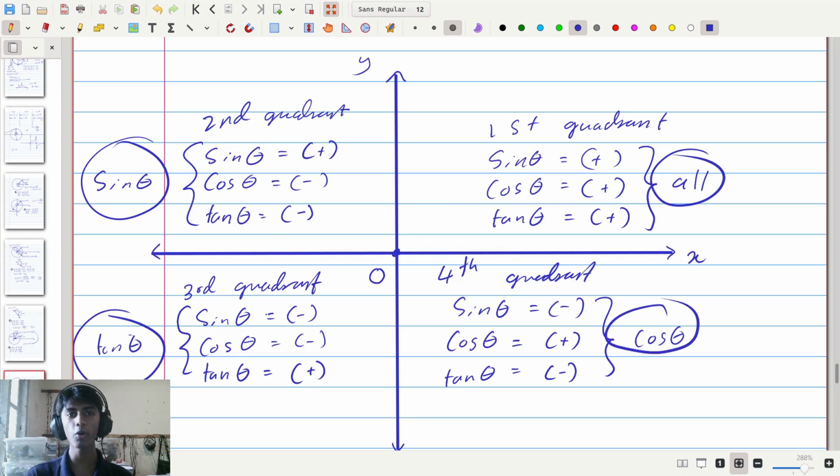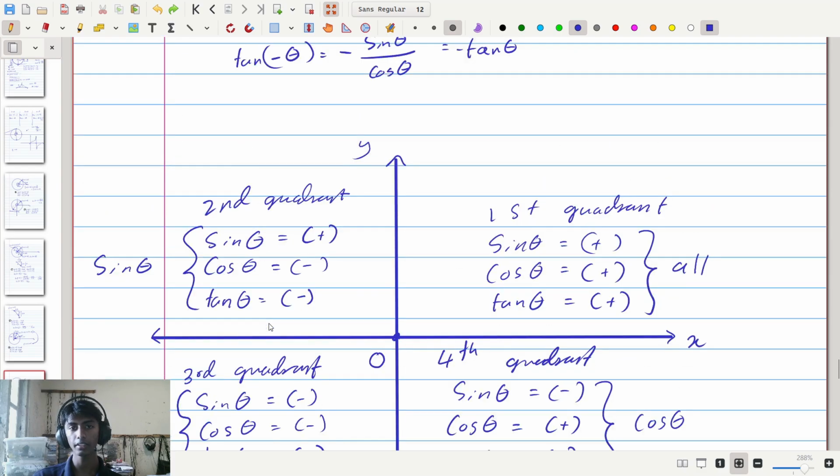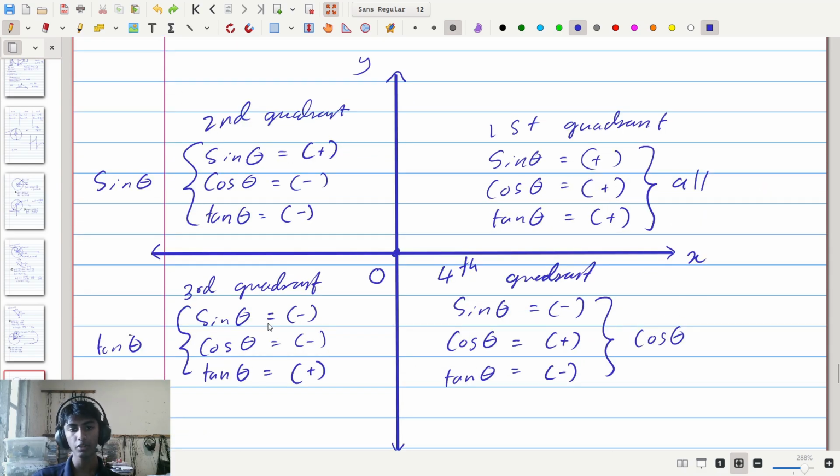There's all sorts of mnemonics and little phrases that people use to remember this thing. But as a general rule of thumb, it's better to remember this as just a quick way of reference and see which values of sine, cosine and tangent are positive, negative within these four quadrants. If you have theta in between 0 degrees and 90 degrees, all of them are positive.